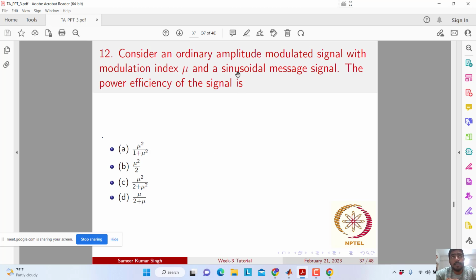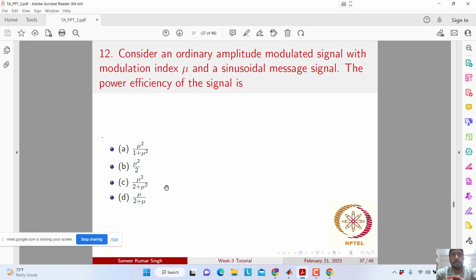I'm saying that here we are considering the sinusoidal message signal. Think about that. We will discuss that topic in the next class.